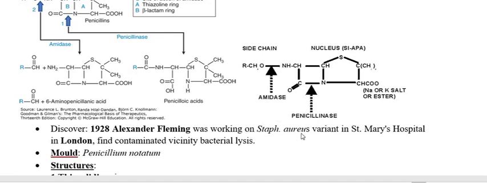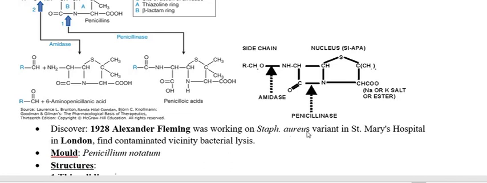He was working in St. Mary's Hospital in London. And by chance, he found that in the culture plate, in the areas where some of the bacteria, the Staph aureus colonies, had died.